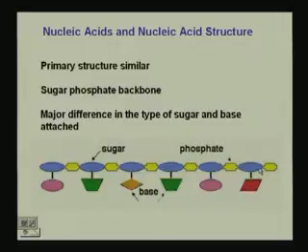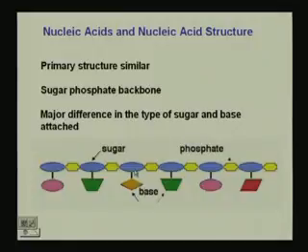Now, the primary structures of both DNA and RNA are similar. They have a sugar phosphate backbone. The difference is in the type of sugar, because one is a ribose sugar and one is a deoxyribose sugar.